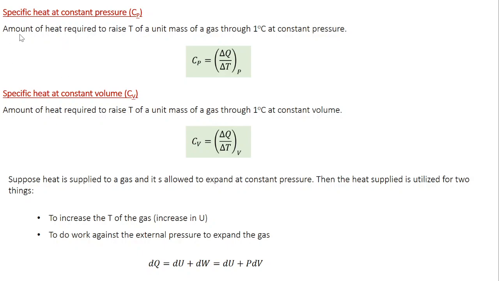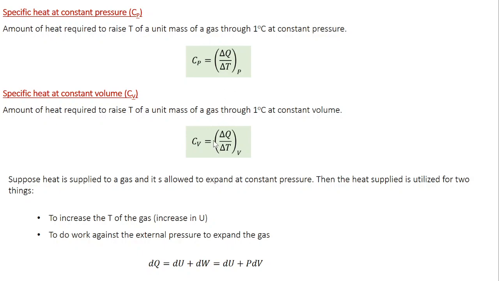Now Cp is defined as the amount of heat required to raise temperature of a unit mass of a gas through 1 degree Celsius at constant pressure. So mathematically Cp equal to delta Q divided by delta T at constant pressure. Similarly, Cv is defined as the amount of heat required to raise temperature of a unit mass of a gas through 1 degree Celsius at constant volume. So Cv is delta Q divided by delta T at constant volume.